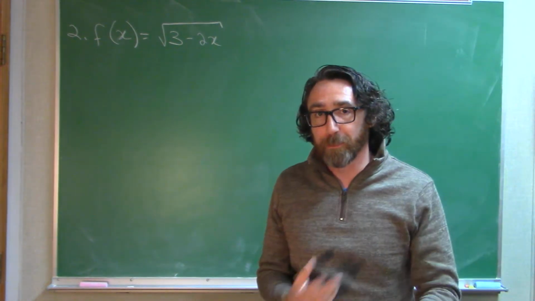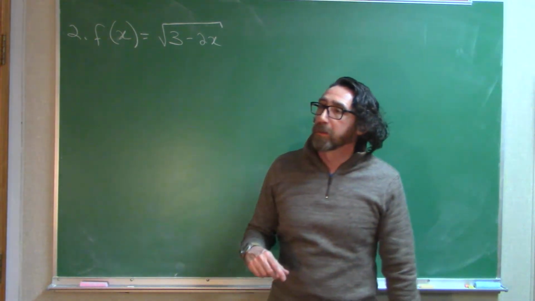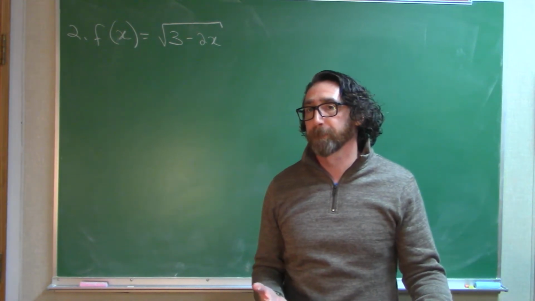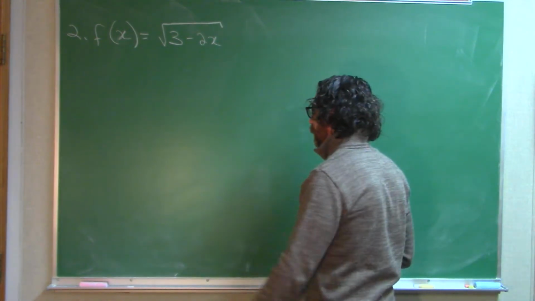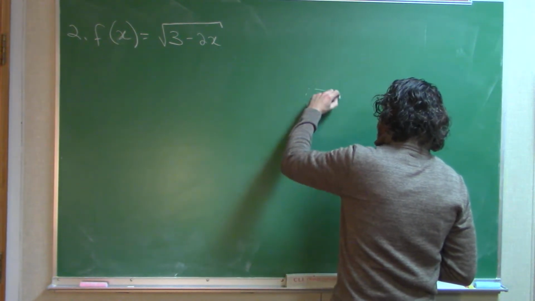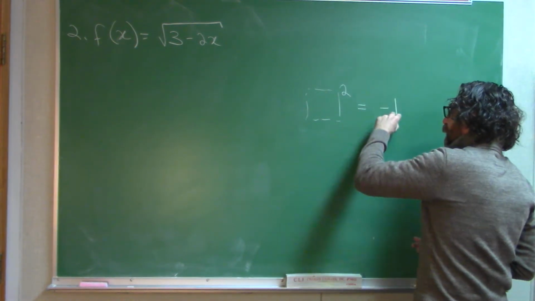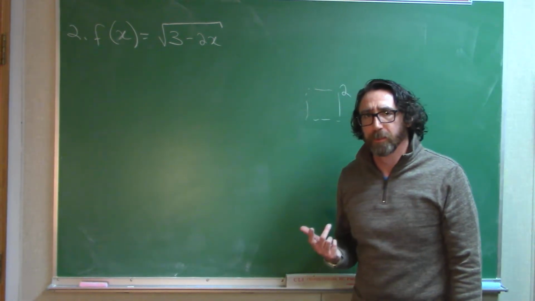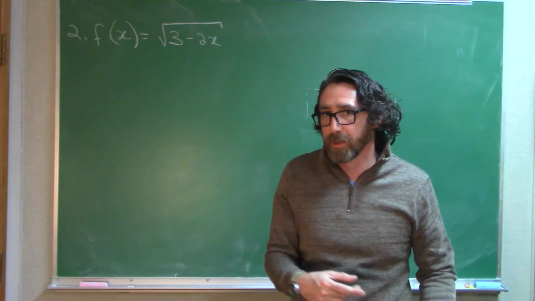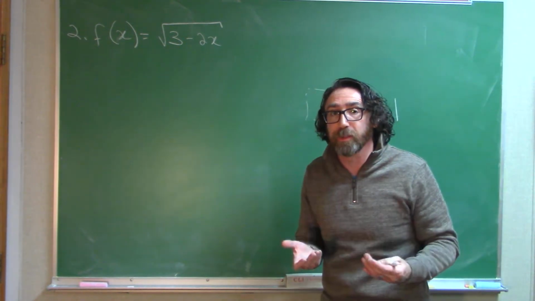Now you probably remember from your previous math course that taking the square root of a negative number can cause problems. Okay, we actually saw this idea in a previous little video here. So I'm going to take a number and square it. Let's say I want to take a number and square it and get negative 1. Okay, well, if I take a positive number and I square it, I'm doing a positive number times a positive number, so the product would be positive.